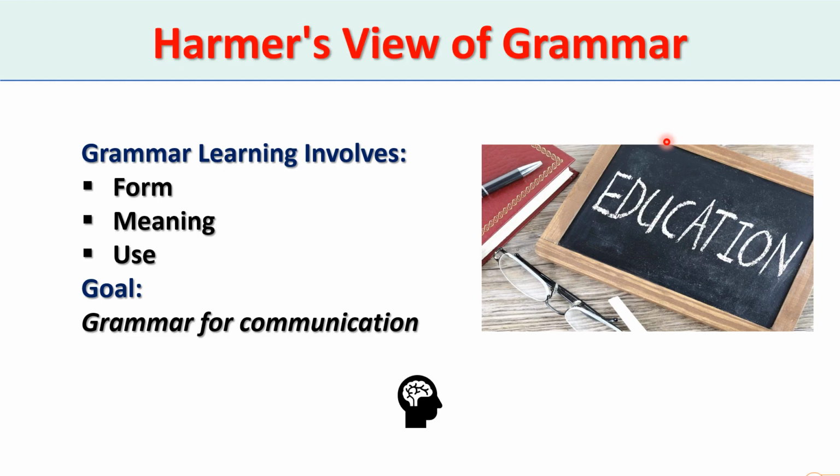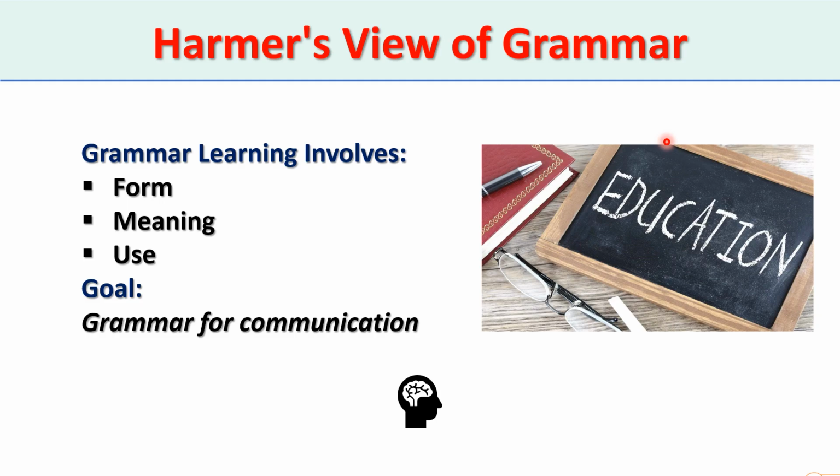The form is how the grammar is formed, and the structure is how the words are arranged in a sentence. Form focuses on verb patterns and grammar rules, and structure focuses on sentence organization. For example, the form is am/is/are plus verb-ing, and the structure is subject plus verb plus object.